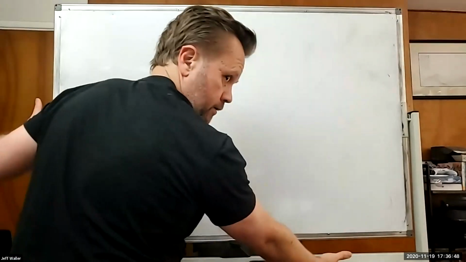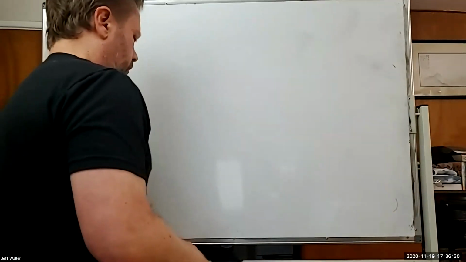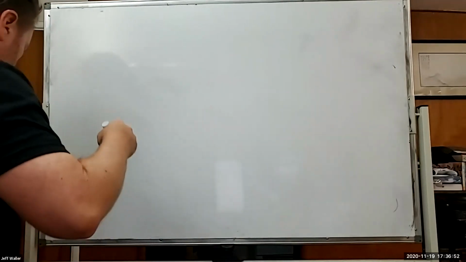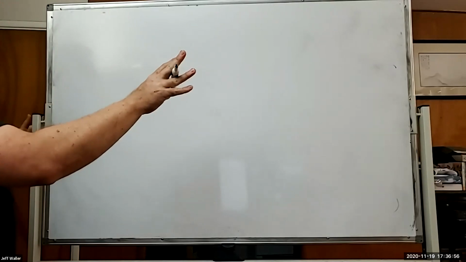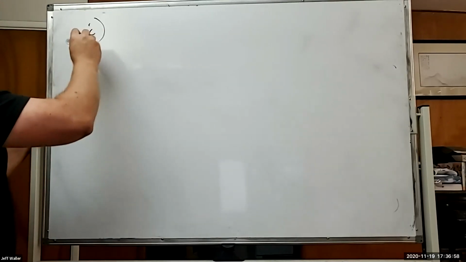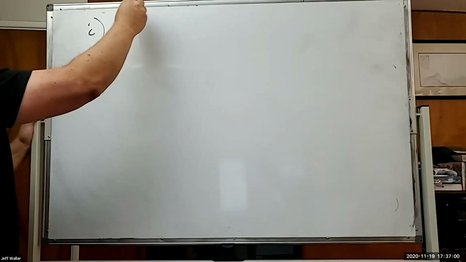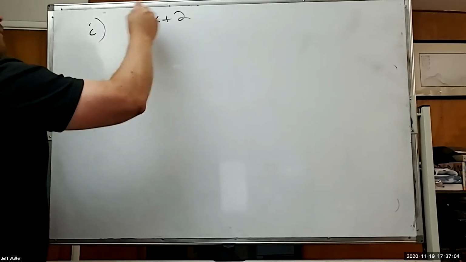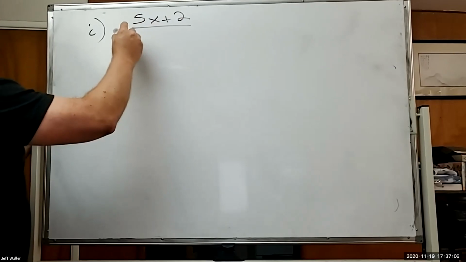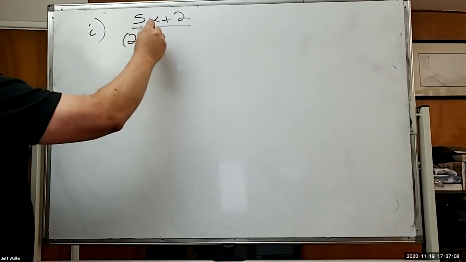All right. So let's see. Let's do one. Let's just get back in the groove. Let's do a very, very simple one just to get back into it. Yeah, let's do one like this.